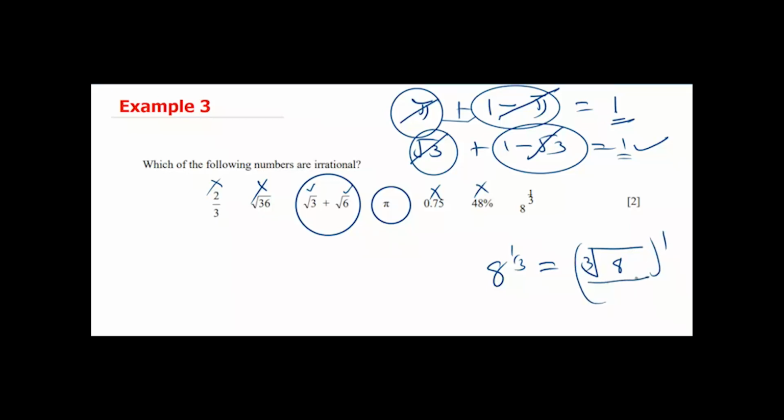So this is the cube root, a number you multiply by itself 3 times and you get 8. What's that number? 2 by 2 by 2. That is 8. So that means the answer to this is 2 to the power of 1, which is 2. So 2 is a rational number. That means this one too is also a rational number. The only irrational numbers in the list are root 3, plus 6, and pi.